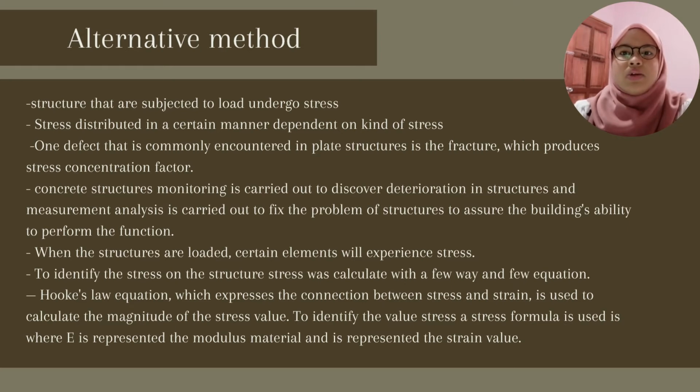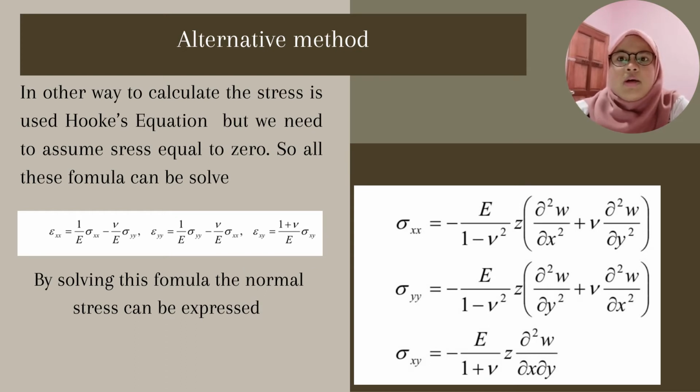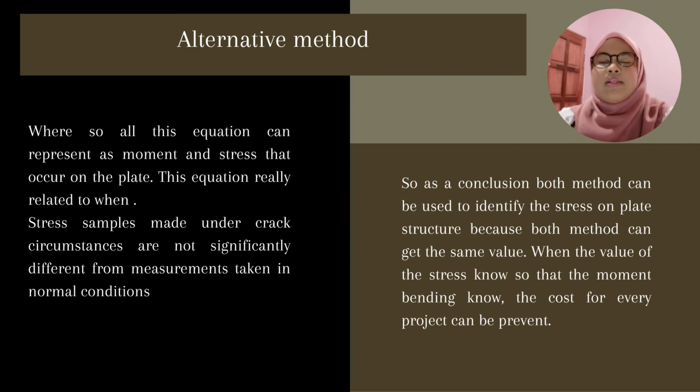So to identify the stress in a plate structure, we can calculate the stress using Hooke's equation, in which the connection between stress and strain is used. Another way to calculate the stress is also using Hooke's equation, but by assuming the stress in the formula as 0, so that this kind of formula can be solved, where D is equal to the elasticity modulus of the material times height cubed divided by 12 times 1 minus Poisson's ratio squared.